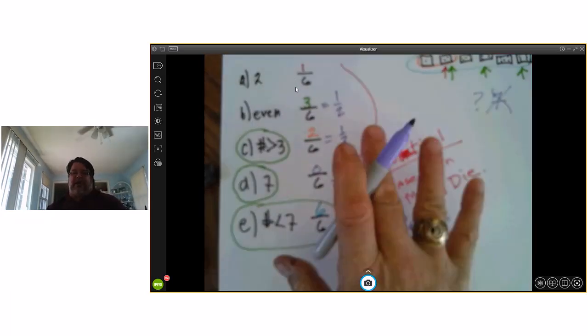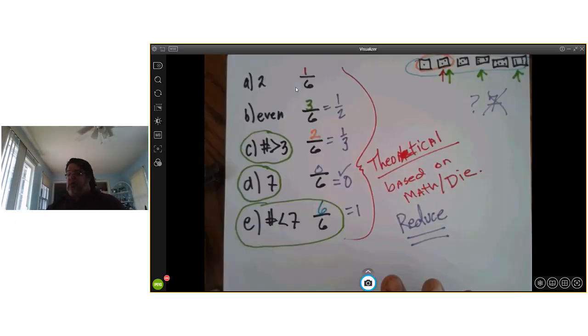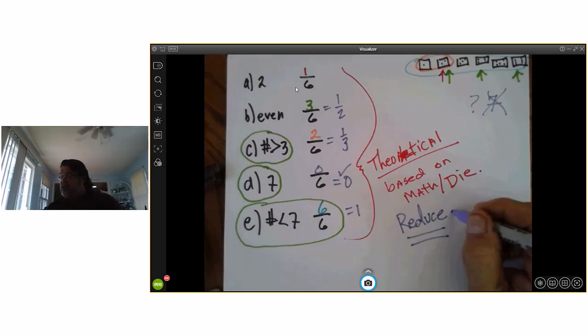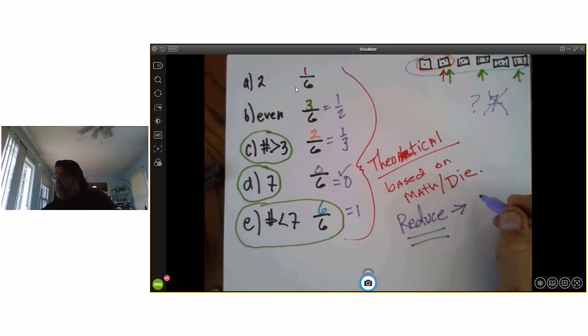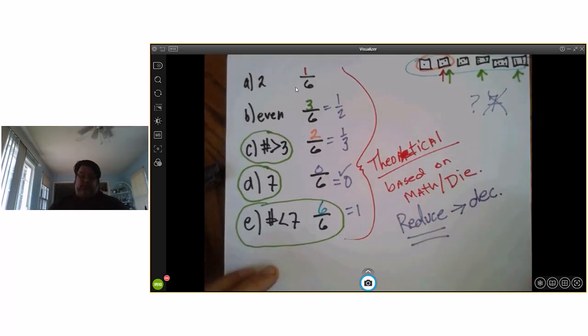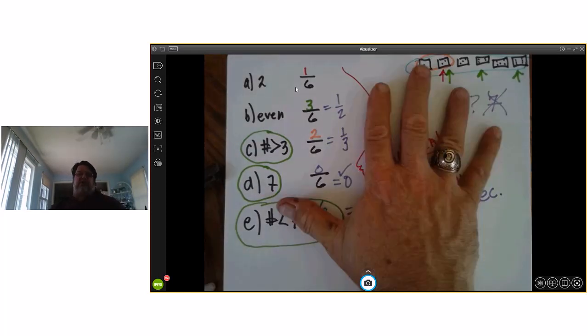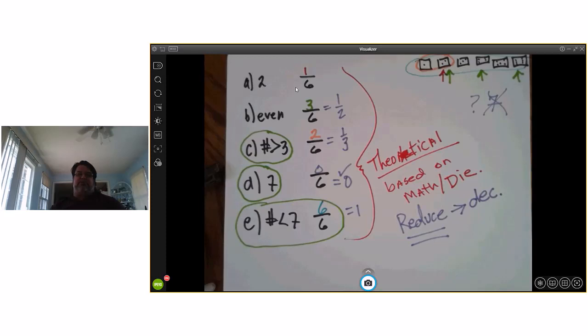I think y'all have had 12 years to know that if you have a fraction, you need to reduce it for the answer. Also, make sure they may ask you to change them into what? Decimals. Okay? So that is 5 test questions right there. So don't mess them up. Okay, next question, next slide.